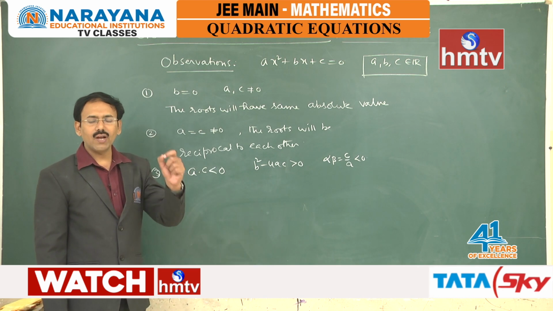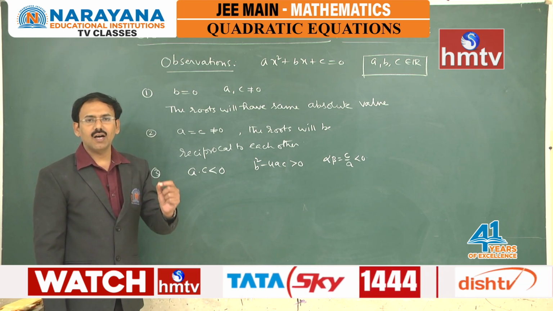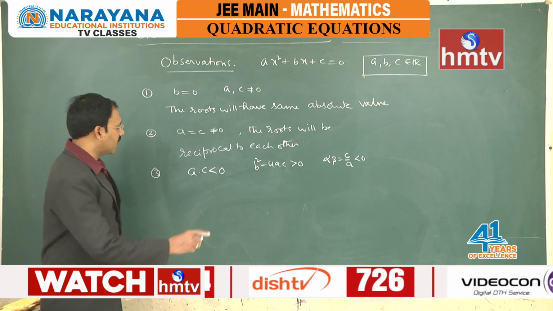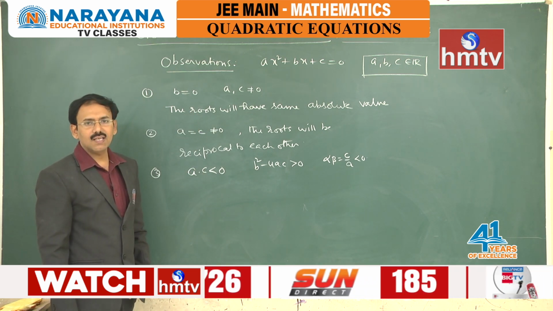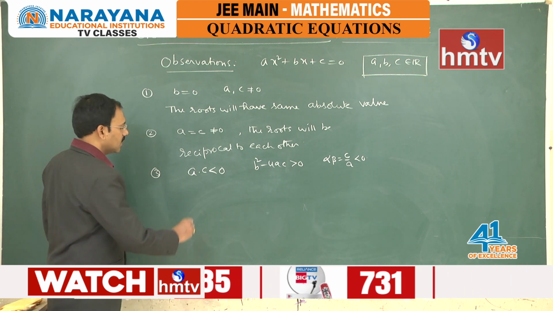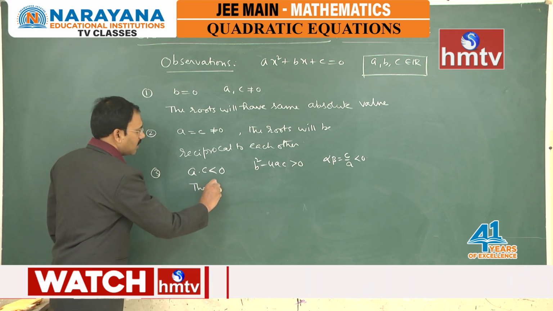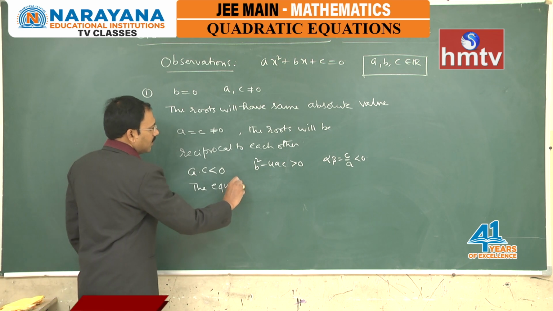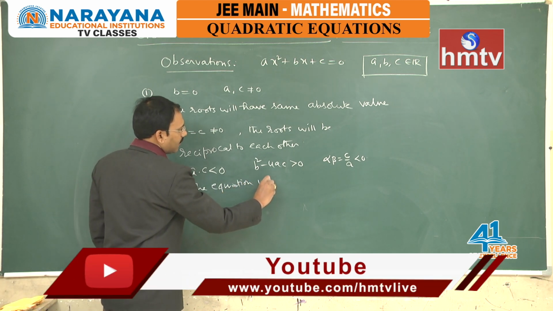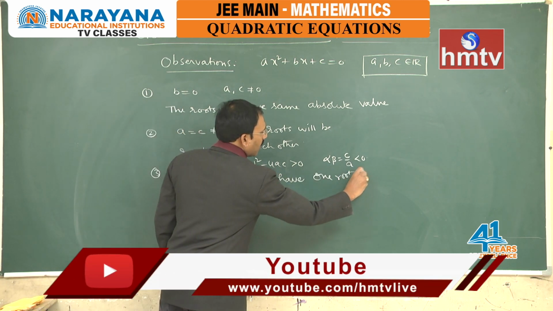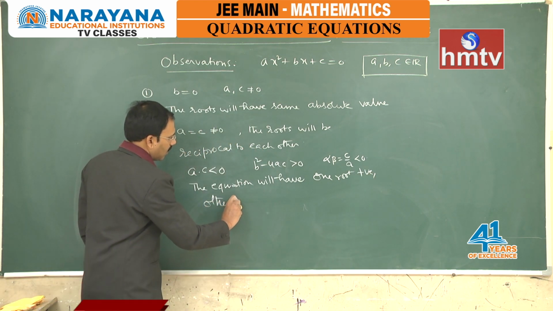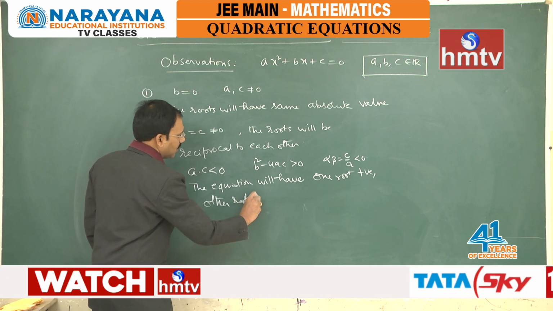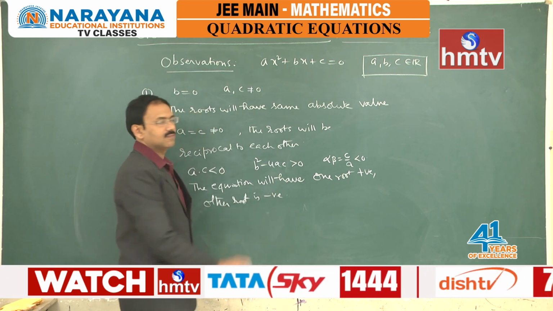That means one root must be positive and the other root must be negative. So we conclude that for a quadratic equation where a and c have opposite signs, the equation will have one root positive and the other root negative.